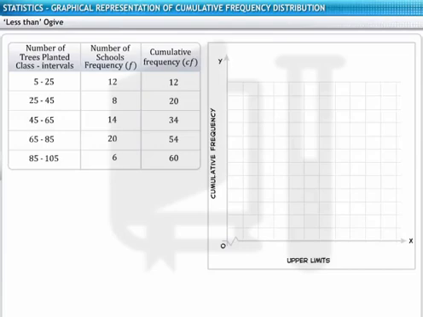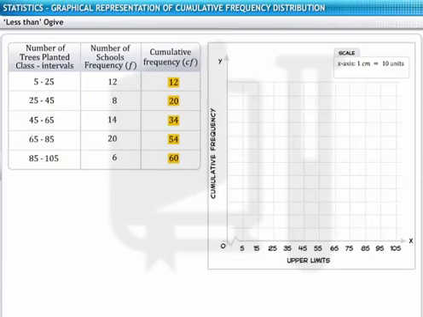Next, we'll choose a scale to mark the upper class limits on the x-axis. Here, we'll take a scale of 1 centimeter equal to 10 units, which is equal to 10 trees planted. Next, we'll choose a suitable scale to mark reference points for cumulative frequency on the y-axis. Here, we'll take a scale of 1 centimeter equal to 5 units, which is equal to 5 schools. Next, we'll mark a point above each upper limit of data on the x-axis corresponding to its cumulative frequency on the y-axis.